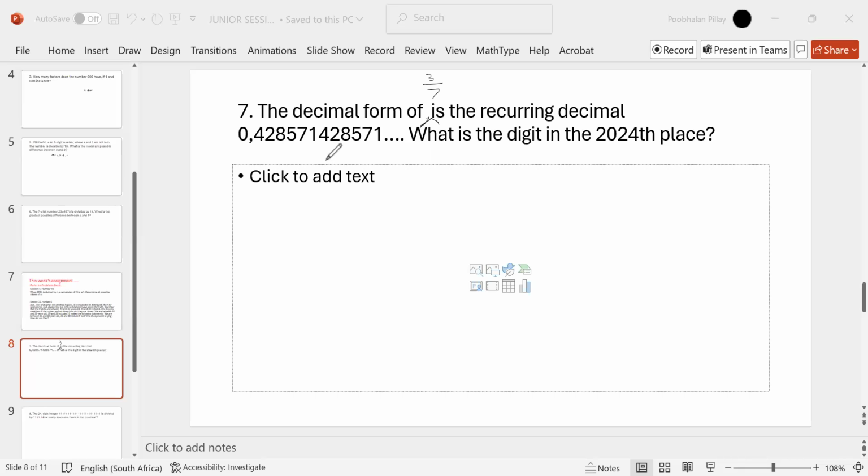Okay, so you can say the following. 4 is in place, well, the first place is 1. The second place is the 7th one.